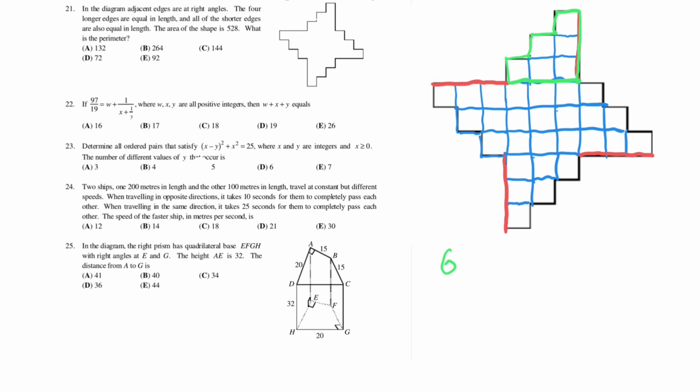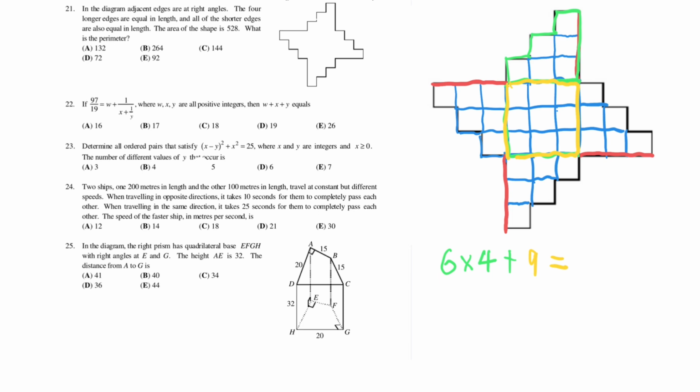And for all the longer edges, they divide it. Look, we have 4 groups of 6 small squares, and in the middle is a 3 by 3. That's this part. 3 by 3, that's 9.